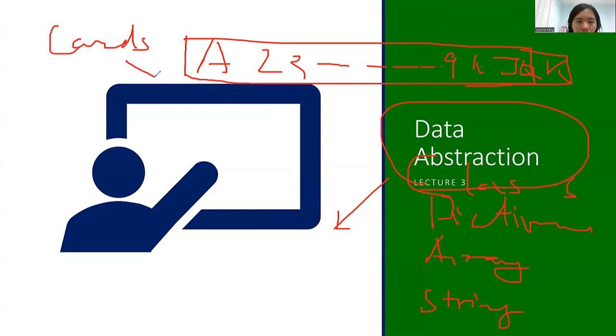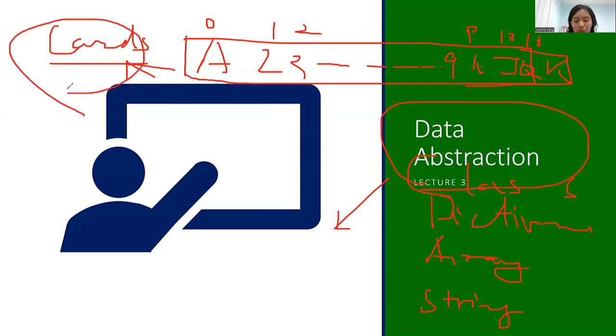So this will be a cards array. When you use cards with different indexes, you get different cards. This cards array by itself is a data abstraction, and we call it a list or an array, because cards is a collection of poker cards.